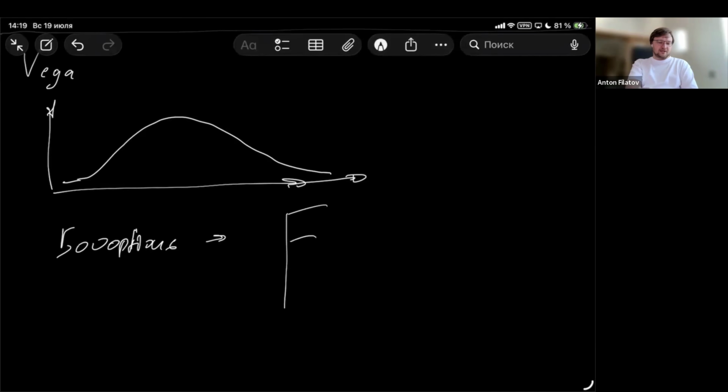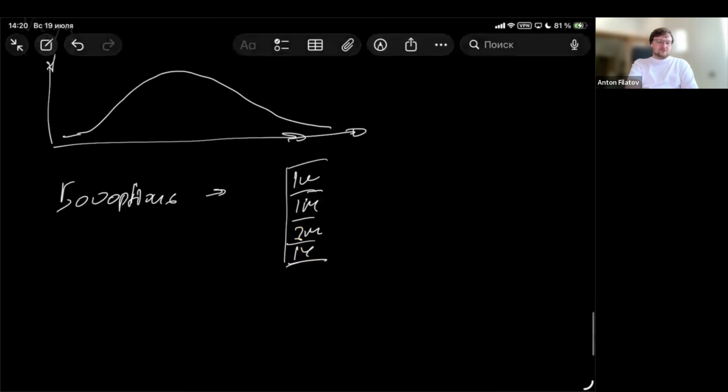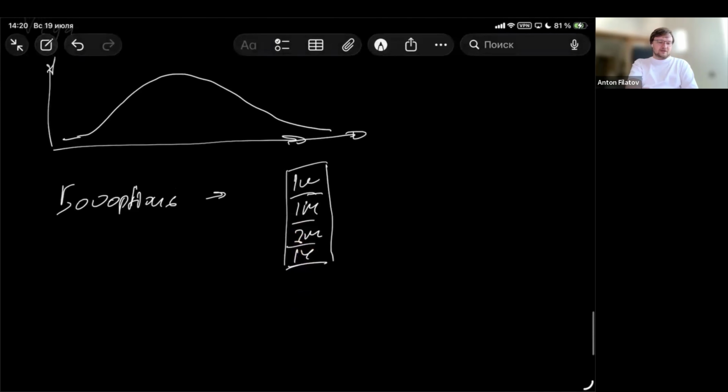So make a table, say 1 week, 1 month, 3 months, 1 year, for example, and calculate Vega for every single term here. That way you'll get your Vega distribution by time.